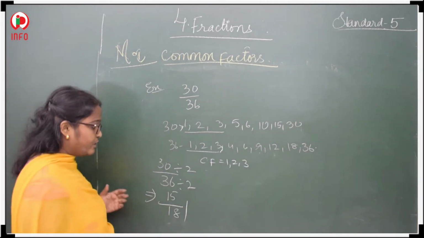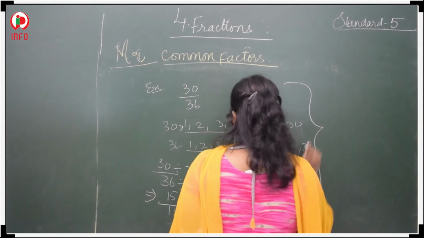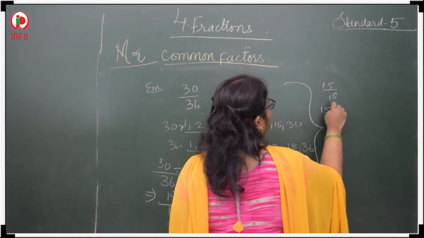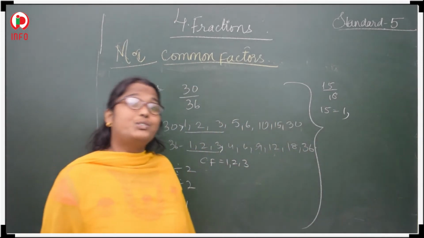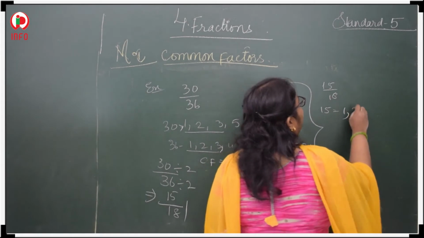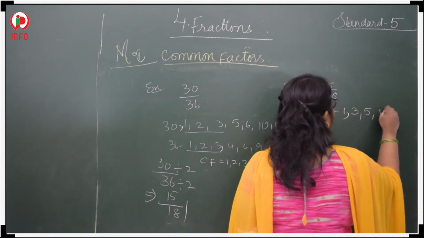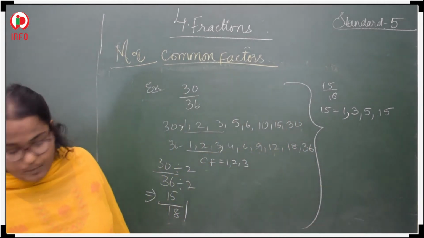Now I would like to take the common factors for 15 by 18. For 15, it will go in 1 table. Will it go in 2 table? No. 3 table? Yes. 4 table? No. 5 table? Yes. 15 table. So 1, 3, 5, 15.